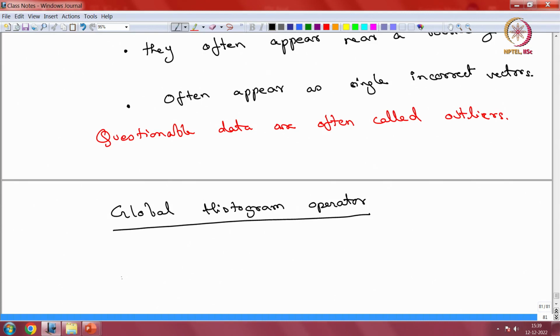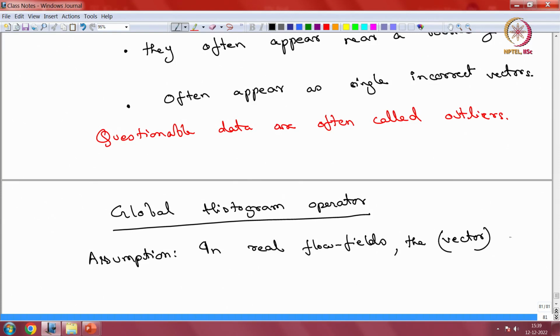Here the built-in assumption is that in real flow fields, the vector difference between neighboring velocities is smaller than a certain threshold.